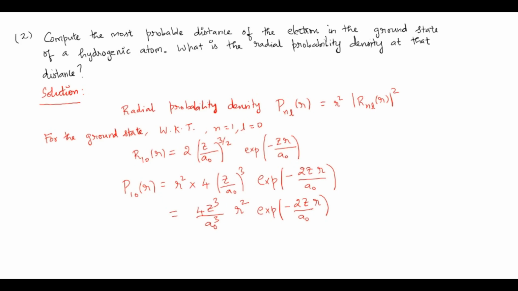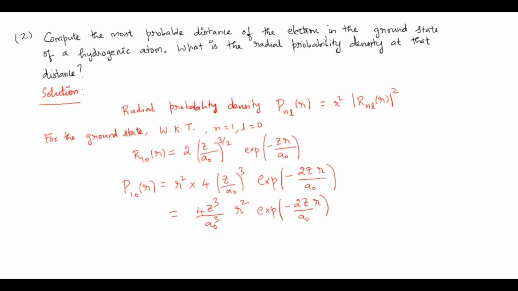The radial probability density has to be maximum here. For either maximum or minimum of a function, the first derivative must be equal to 0. So dP_10 of r by dr must be equal to 0.